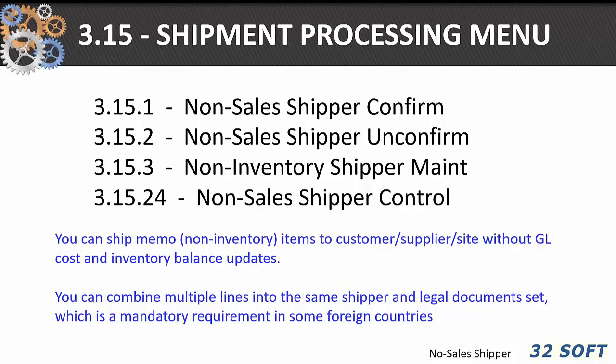And then finally, which I've been after for many years, QAD in the later versions, I think 2.2.7 EE and above, are now giving us the capability to ship and create documents within QAD for non-inventory shippers and shipper information for non-sales functionality.